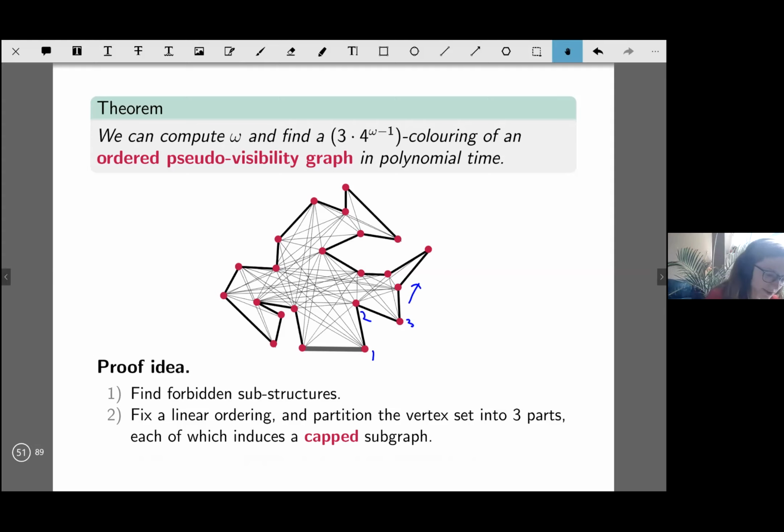Now I'm going to take all of the vertices which can see at least 2 points on this edge, which is highlighted at the bottom, and color all of those vertices blue. And now it turns out that all of those vertices induce a capped subgraph. So the point is, if you have an edge like this and an edge like this, then you also have to have the edge along the top. It's maybe not obvious why that is, but it works.